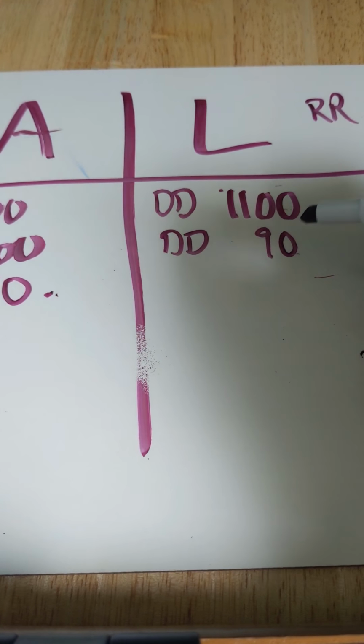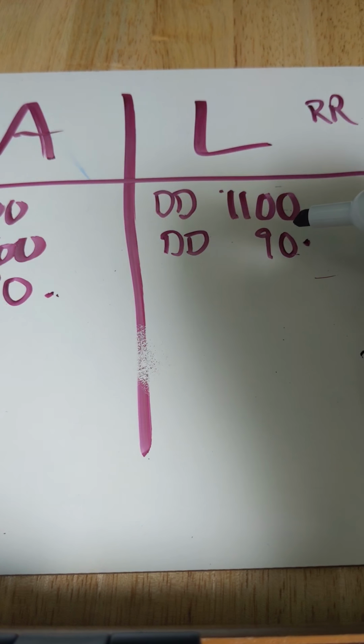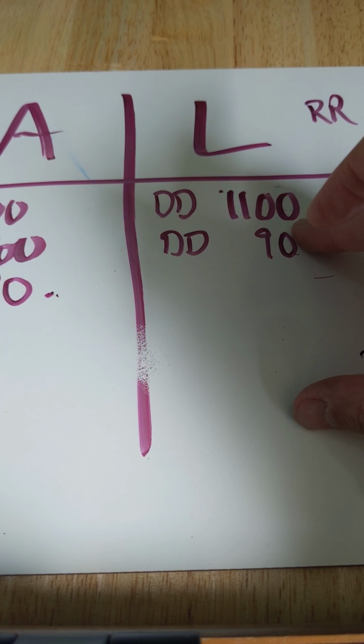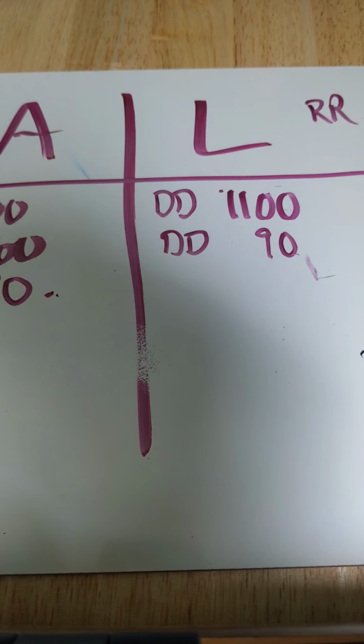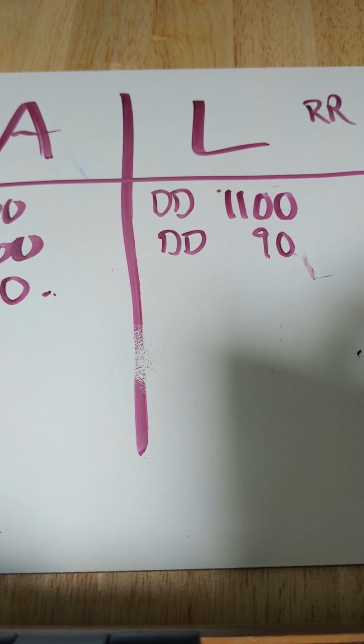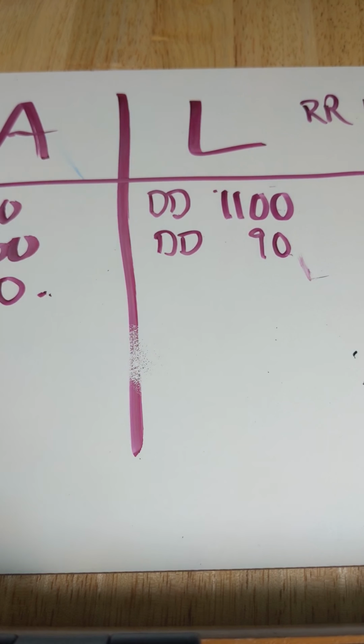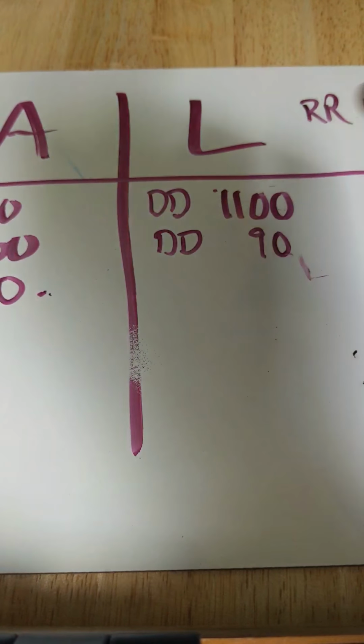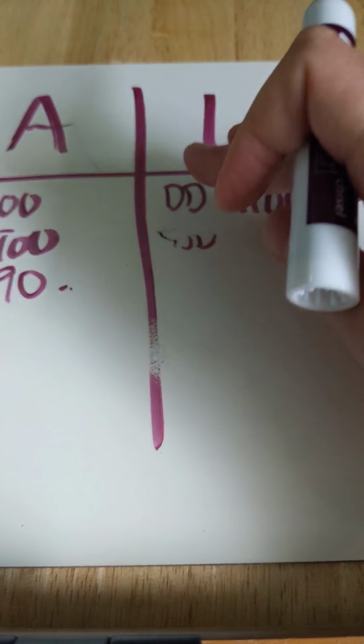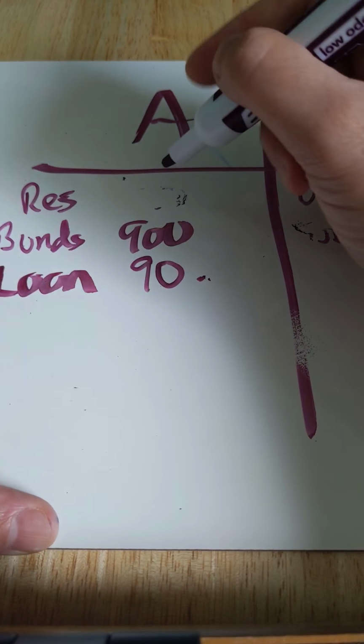And this is part of the money supply. It's spendable. So I've created $90 of new money, and it's going to turn into more, because when that person goes out and spends that money, then this goes away and this becomes 110.